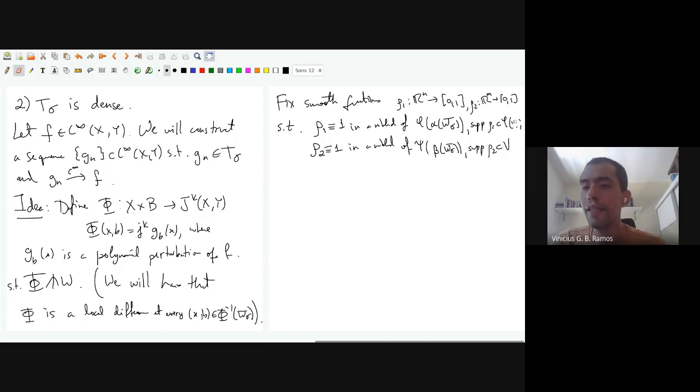And the second condition I don't need to require, because remember I assumed that the image of V sigma was all of Rn. So I just need to suppose that the support of rho 2 is compact.